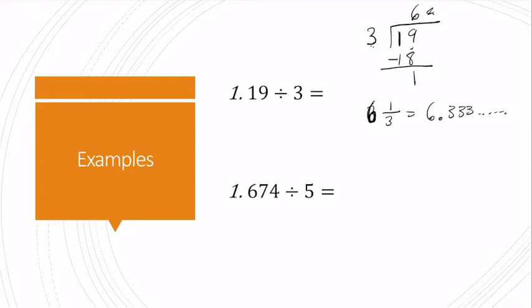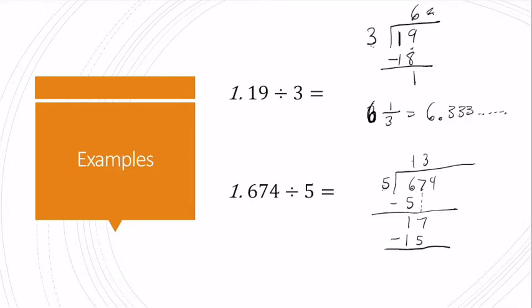Let's take a look at 674 divided by 5. I look at my first term and I say, okay, how many times does 5 go into 6? The answer is 1. 1 times 5 is 5. I subtract that. I get 1. And I pull down my next term. Okay, how many times does 5 go into 17? Well, 5 goes into 17 3 times. 3 times 5 is 15.